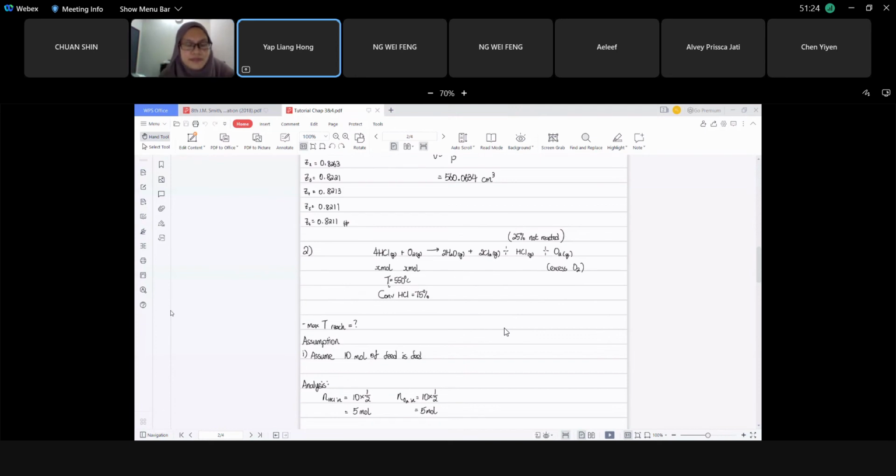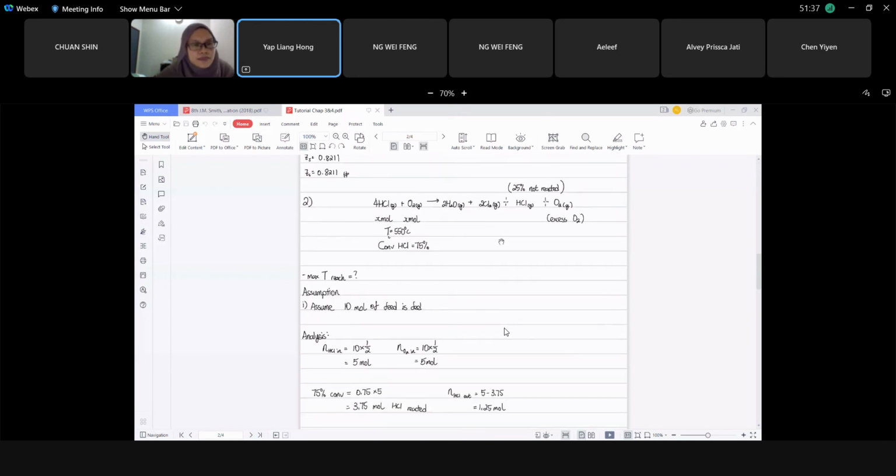But I just note down there is something else here. Maybe in the exam I need to draw something like that lah. Okay, so need to note that there is 25% of the HCl outside and also excess oxygen.